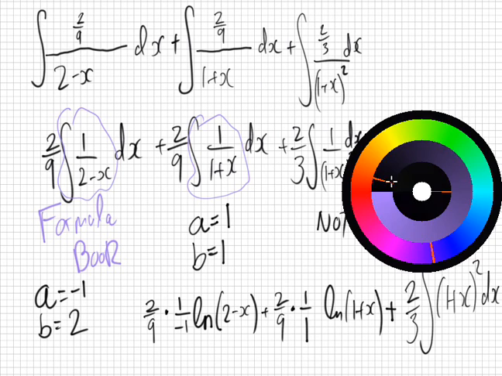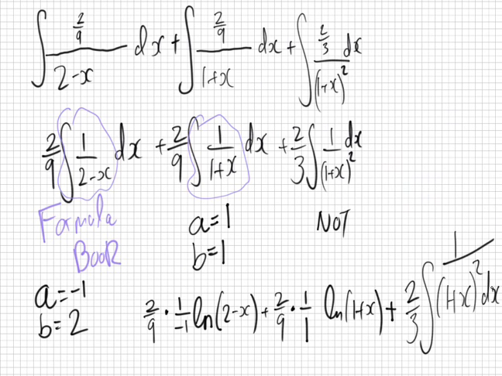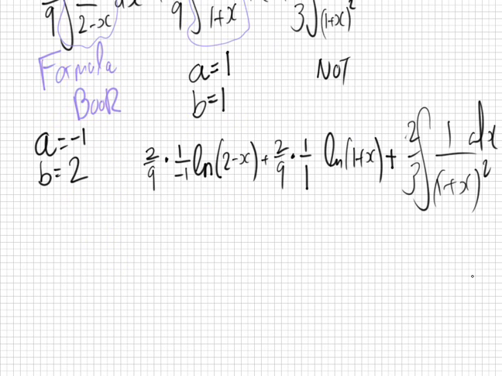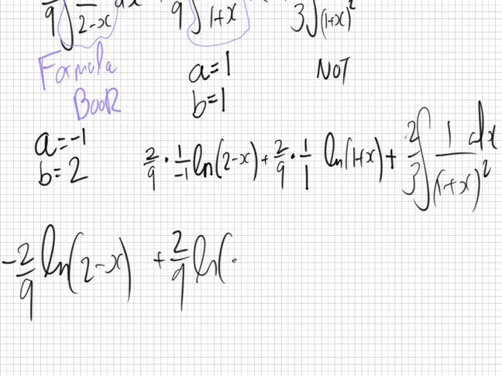Okay, scrolling down. So this here becomes minus 2 over 9 log 2 minus X plus 2 over 9 log 1 plus X.